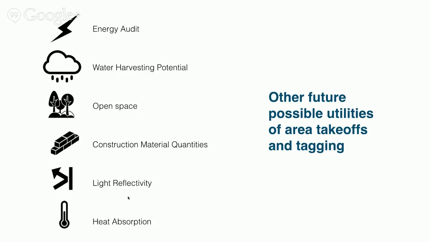And not just horizontal surfaces, but vertical surfaces also can be measured. So then the issues of light reflectivity or construction materials, you can assign tags by construction materials you're using and in the end get an inventory of that. So using just area as a basic unit, we can apply many different attributes and do various kinds of analysis.